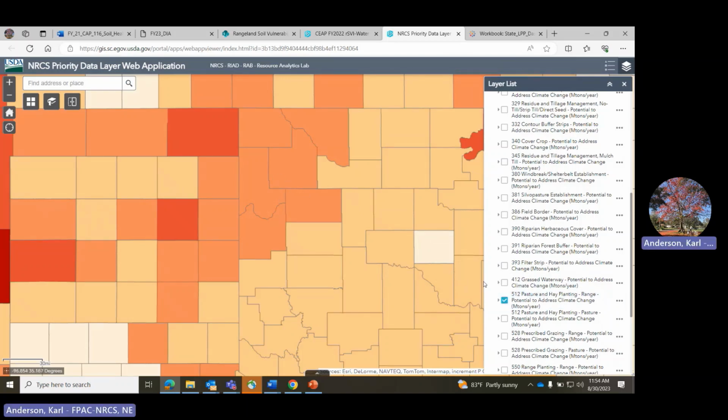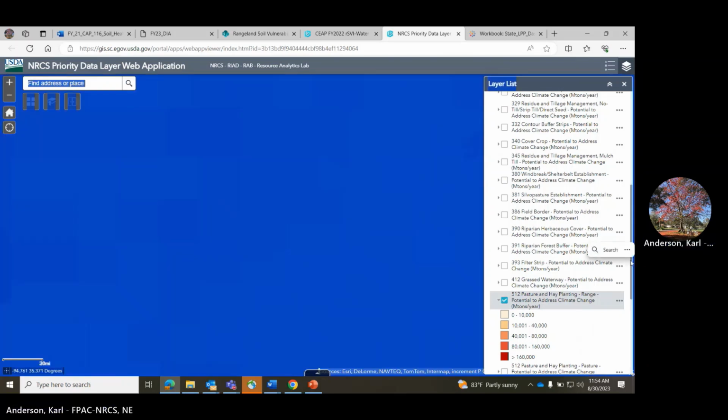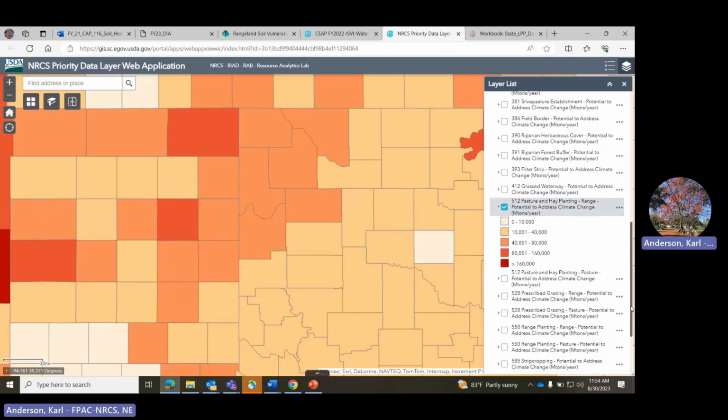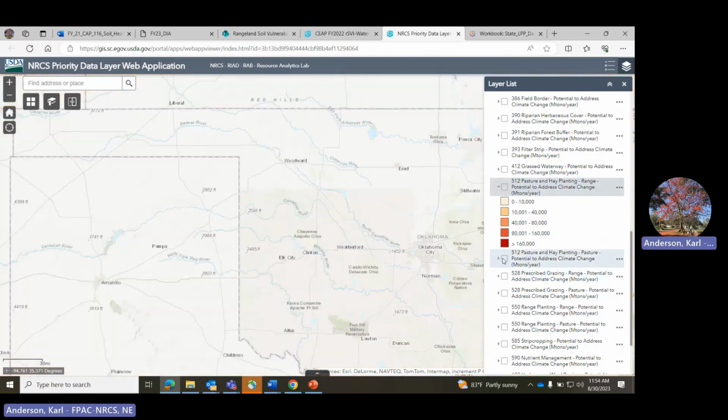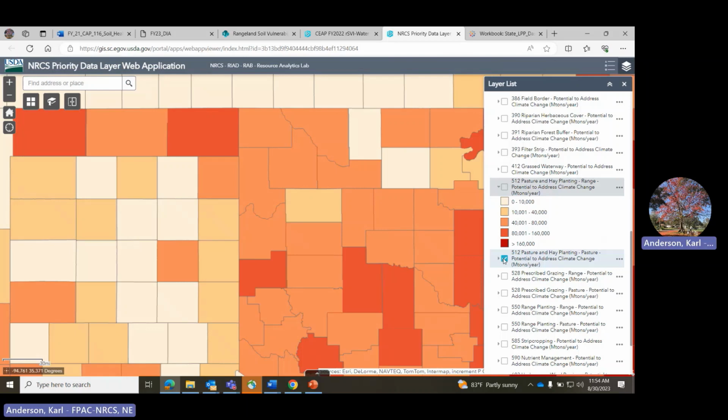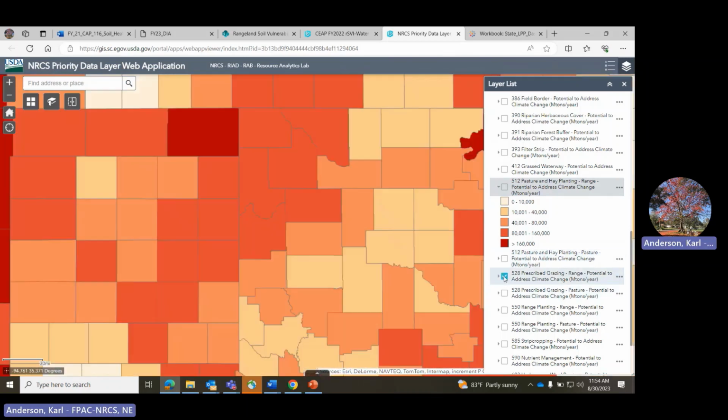So if you see there's a good potential for that practice to be successful, at least as far as megatons per year of carbon in 512. You also see this one's for pasture, and that has to do, of course, with just how those are tagged in the system. But we'll also look at prescribed grazing.